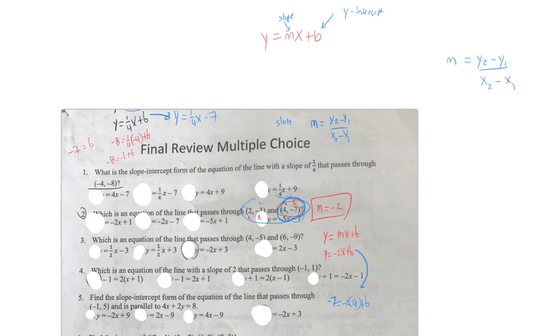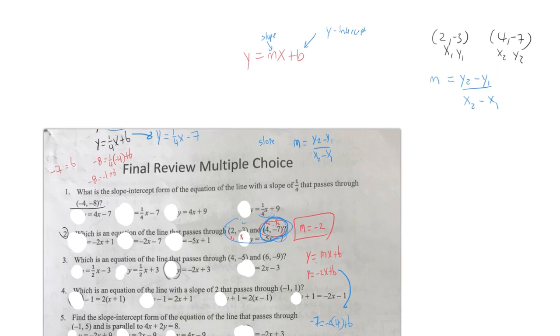In this case, the points are 2, -3 and 4, -7. We'll call the first one x1, y1, and the second one x2, y2. Then all you have to do is substitute them into the structure.